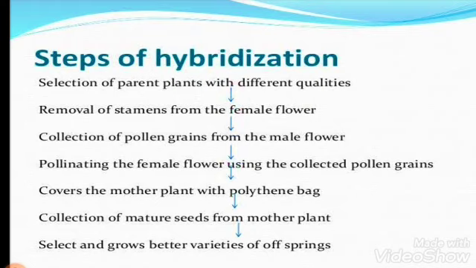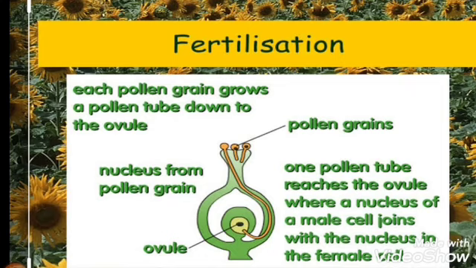hybridization. Now children, we will see how fertilization takes place in flowering plants. When pollen reaches the stigma, it begins to grow a pollen tube, which travels down through the style to reach an ovule inside the ovary.